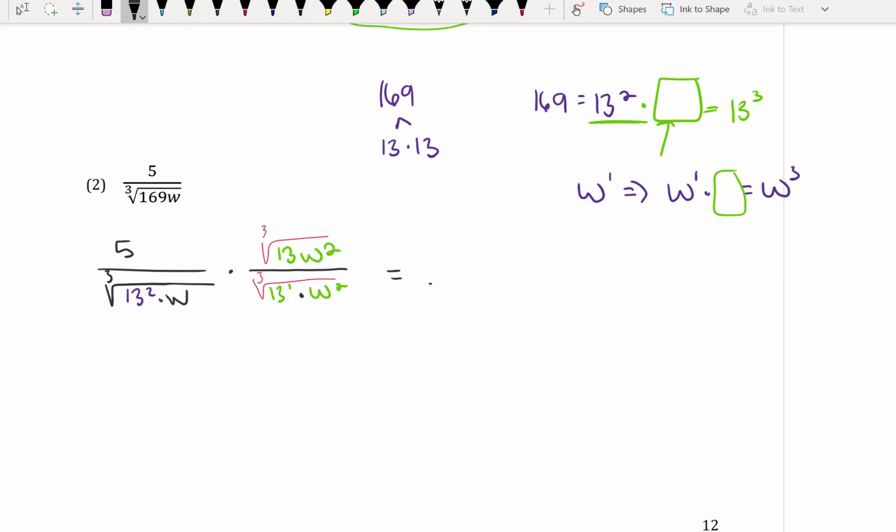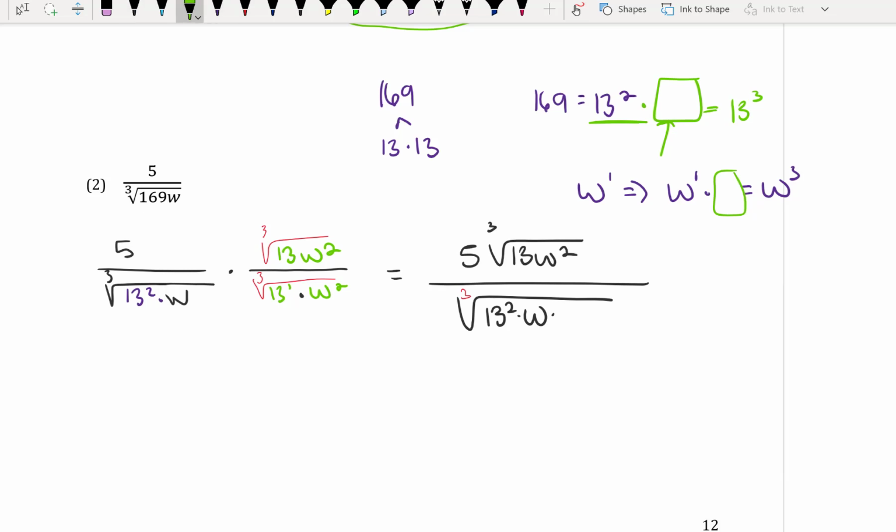Let's see what happens when you do that. I have a 5 times the third root of 13w squared. And down at the bottom, I still have my third root of 13 squared times w, which is what I started off with, and then I multiplied by my 13w squared.